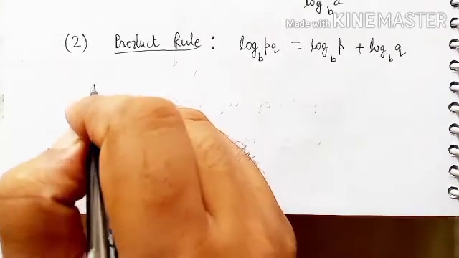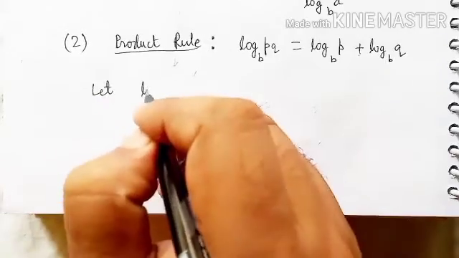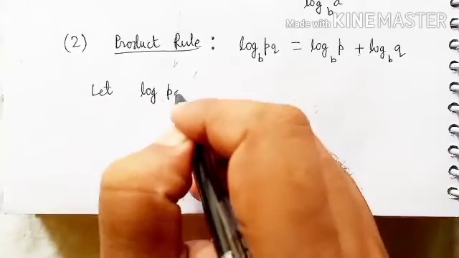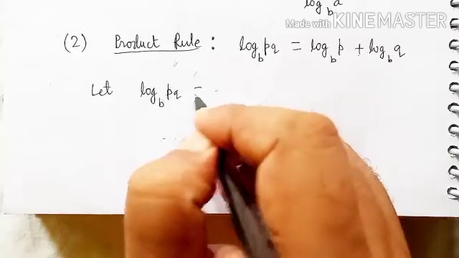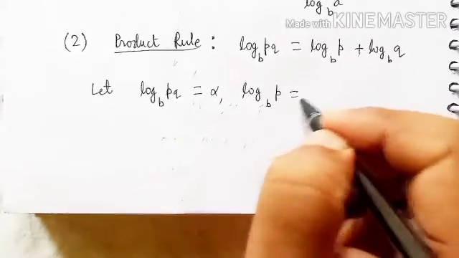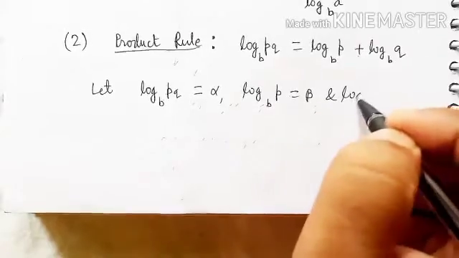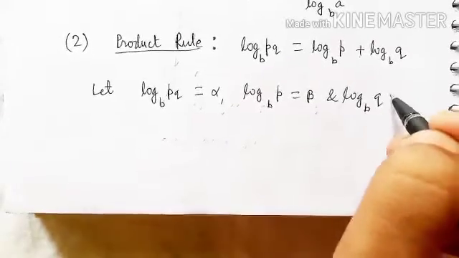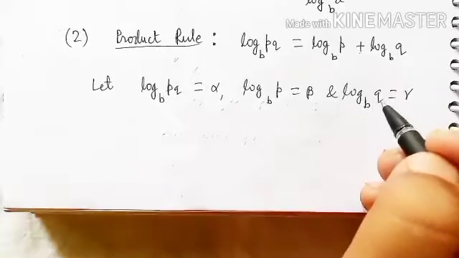Let log of pq to the base b be equal to alpha, log of p to the base b be equal to beta, and log of q to the base b be gamma.